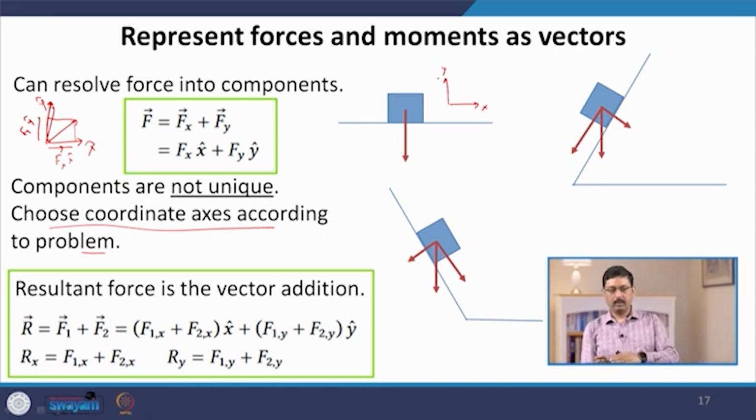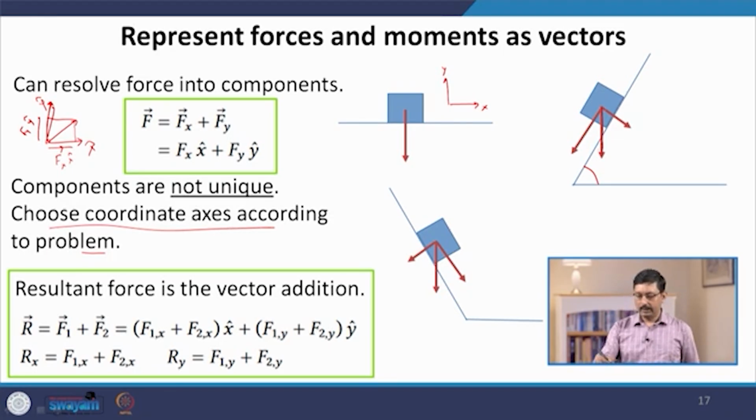But if you rotate this picture by some angle, then it will become your favorite block on an inclined plane problem. Consider the force that is mg, the weight of the object.